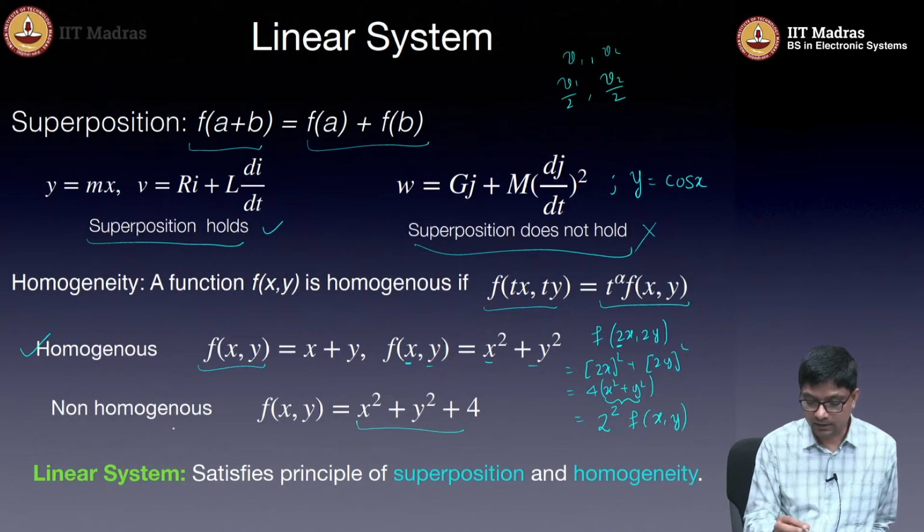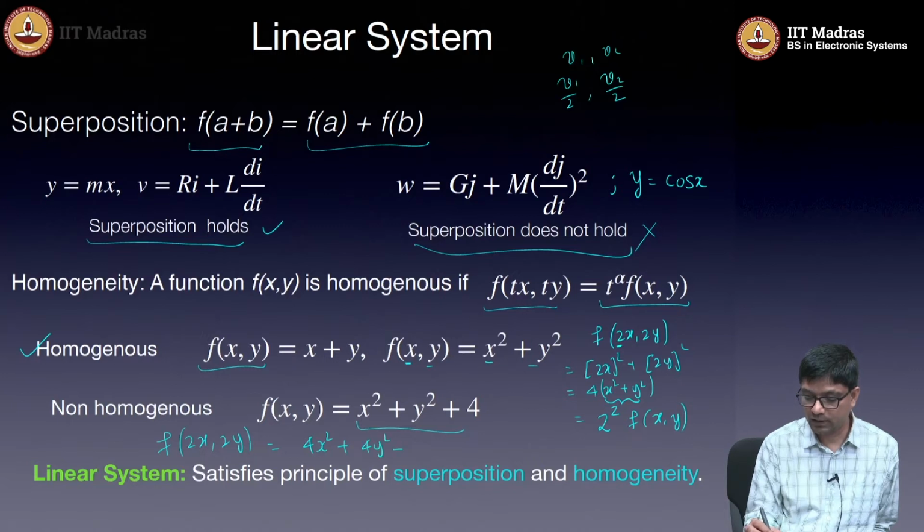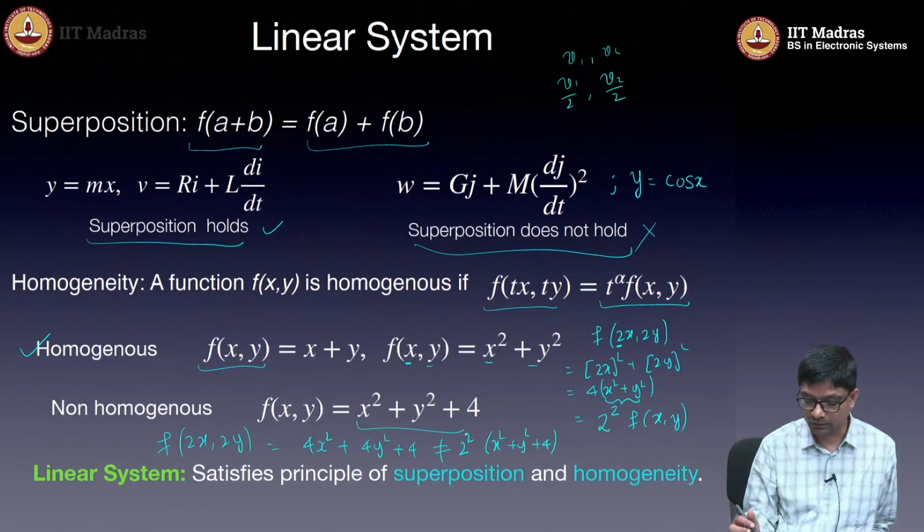What happens here? I can simply check. If I do f of (2x, 2y), this is 4x square plus 4y square plus 4, and this I cannot write with any factor as 2 square times (x square plus y square) plus 4. This is not equal to this, right?